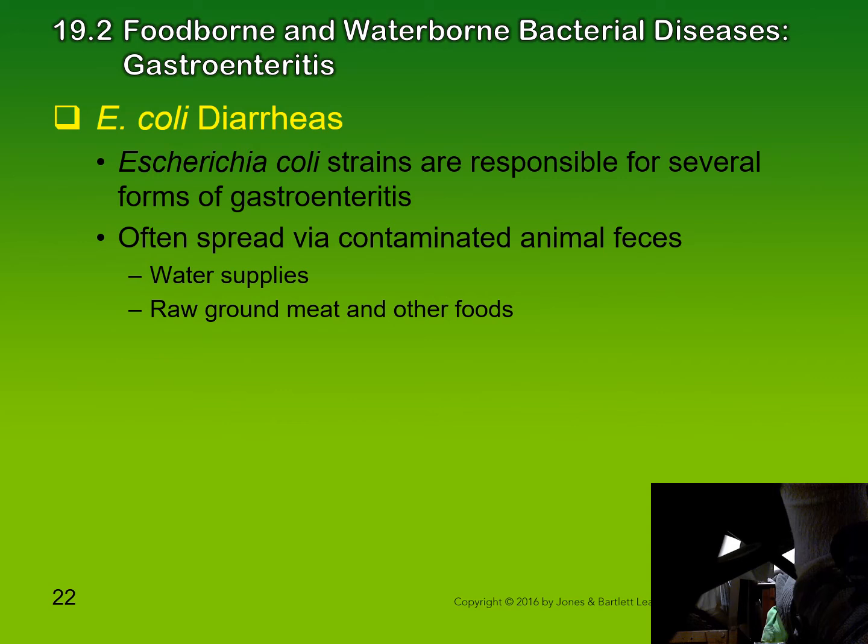With ground beef, the grinding process helps transmit the feces, and the butcher might not really notice that his machine is not 100% clean, so it's very easy to have hamburger patties contaminated.